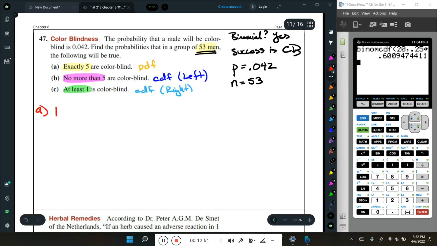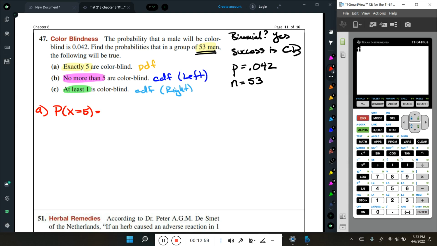A is the probability that the random variable x is exactly 5. Well, calculator, clear, distributions, binomial PDF, because it's exactly 5. There are 53 trials of this experiment.